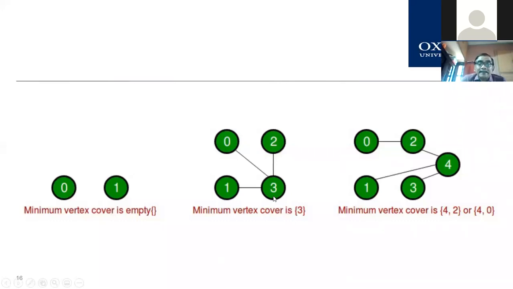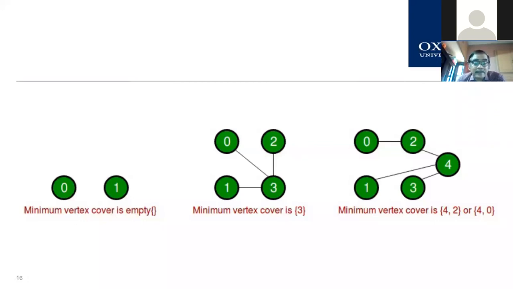But if I take 0 as the cover, what will happen? 1 to 3 is not covered, and 2 to 3 is not covered. And if I take 4 and 2 as the cover, 1 to 4 is covered, 3 to 4 is covered, and 0 to 2 is also covered. So the minimum vertex cover is going to be 4 comma 2, or 4 comma 0. Students, you may think what sort of funny problem this is.